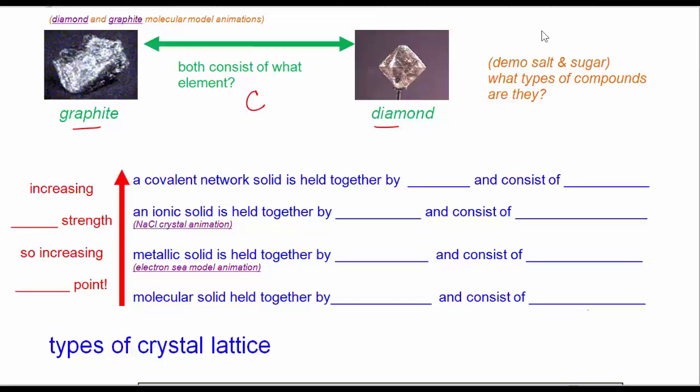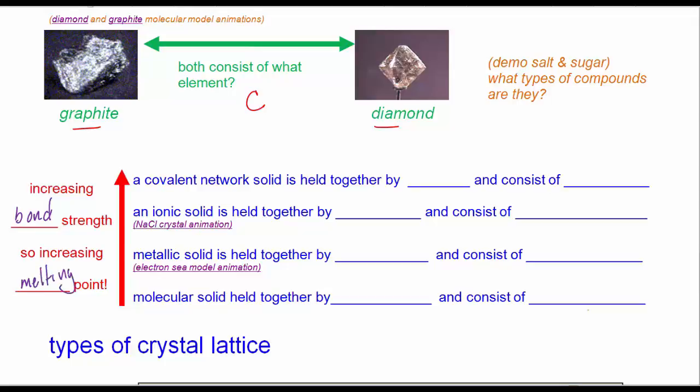We have these different types of crystalline structures, and the stronger they're held together, they'll have increasing bond strength. So if they're held together more strongly, they'll have a higher melting point.